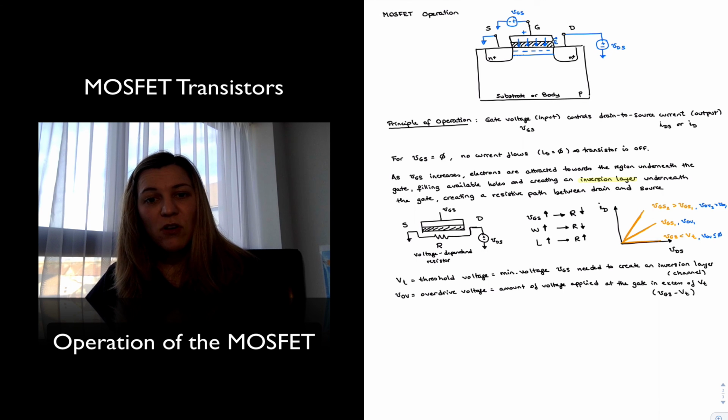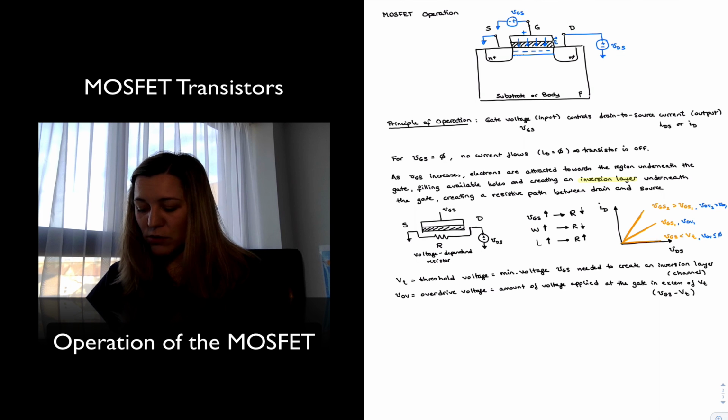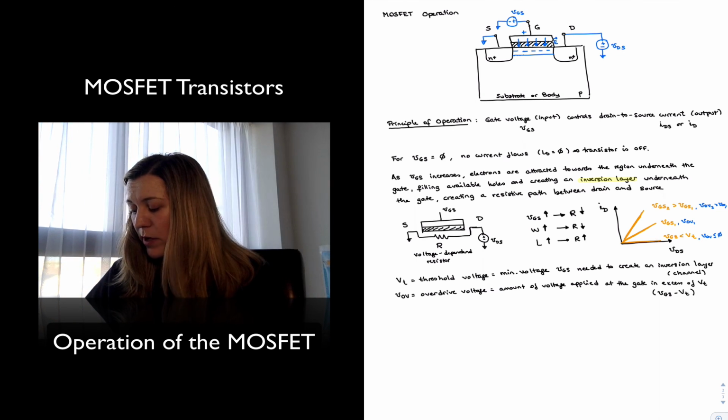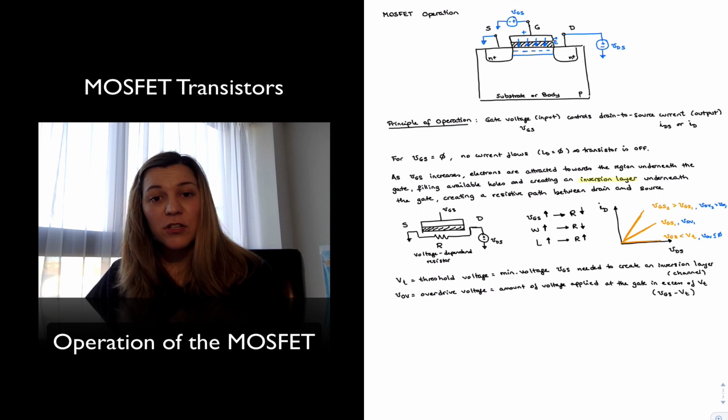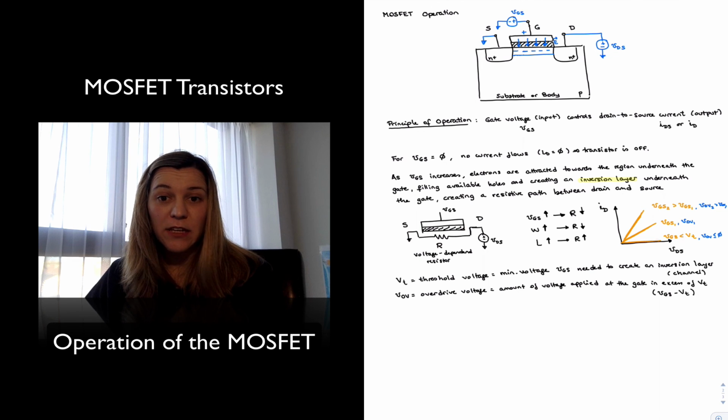There's another type of MOSFET called a depletion type MOSFET, and those typically have a channel already created before we apply any threshold voltage. So different fabrication. We're going to be dealing with enhancement type MOSFETs, and so we will be encountering positive values of threshold voltage required to turn on the transistor to create an inversion layer.